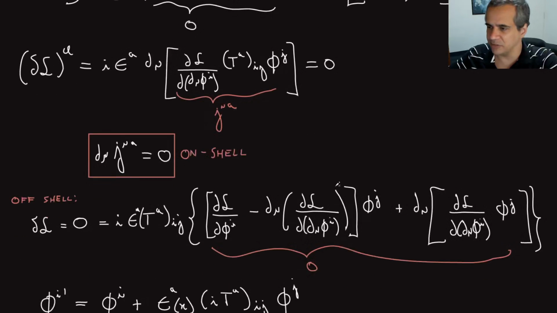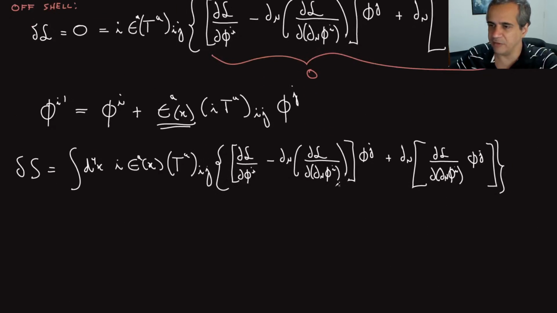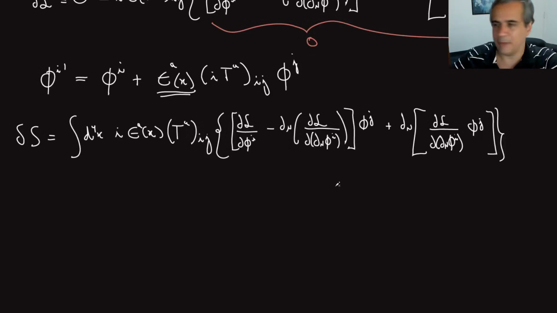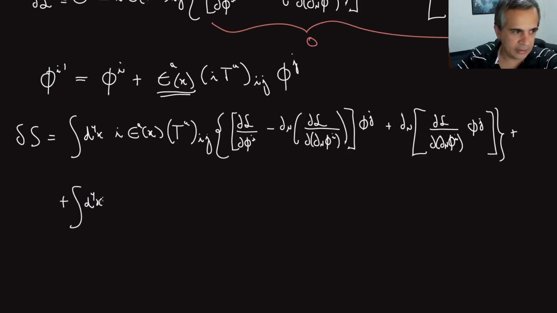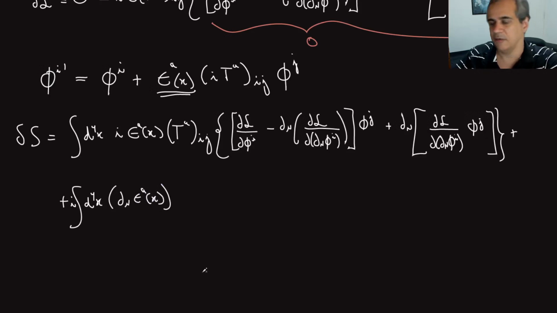So I get an extra term, which is the derivative acting on epsilon. So now I have a new piece, because epsilon depends on x, right? A new piece, which is this one, d for x, I del mu epsilon a of x, right? So that's what you get from now the derivative acting on epsilon.